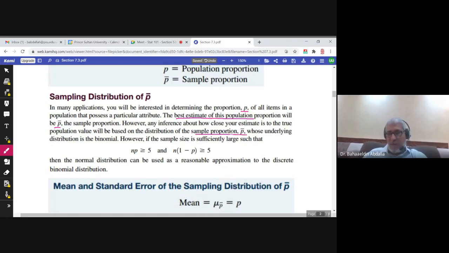Mainly it is binomial, but if the sample size is sufficiently large, and sufficiently large here means that n times P is greater than or equal to 5, and n times Q is greater than or equal to 5.